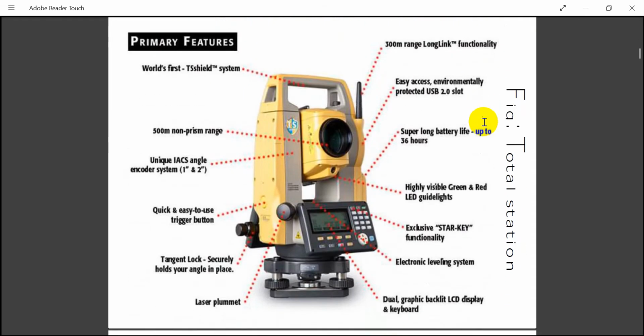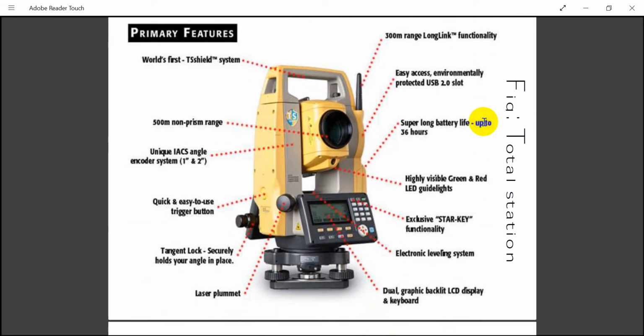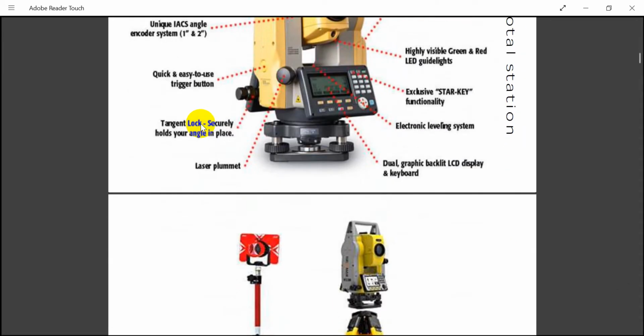See, this is the total station picture. Everything you see is shown with some dotted lines. Once again, if you only see the equipment, you will get only 20% knowledge.